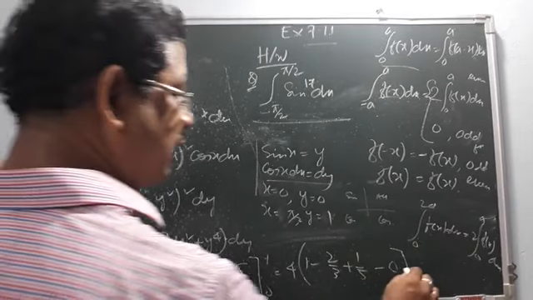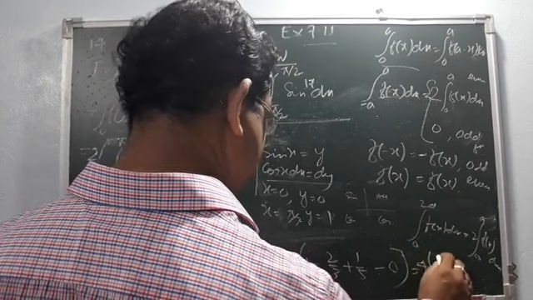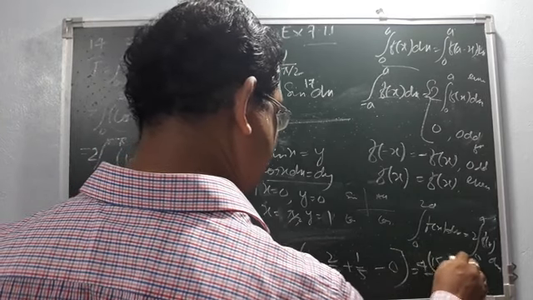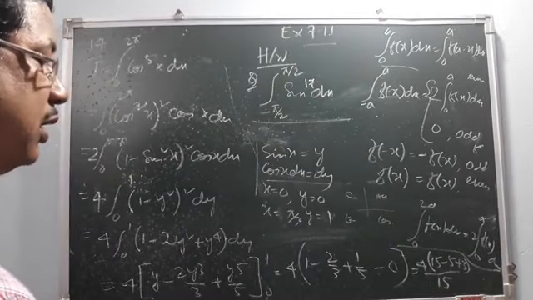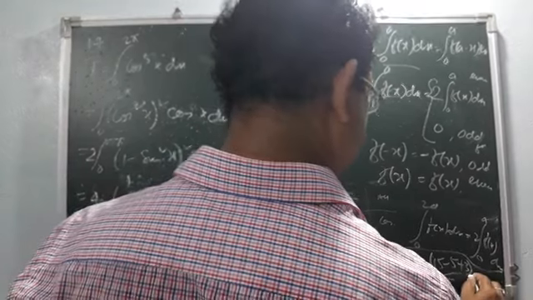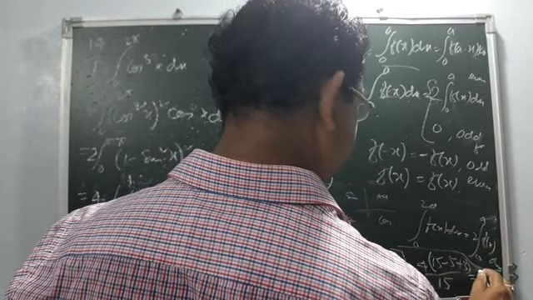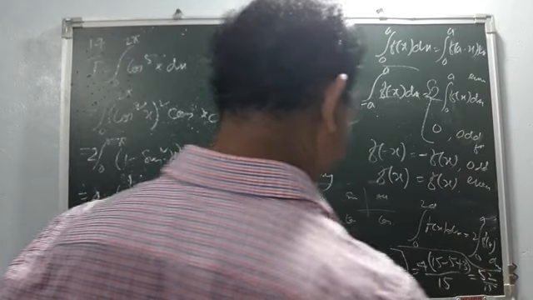Now if I take LCM 15, it is 15 minus 10 plus 3, and ultimately we get 8 by 15. So this is the answer.